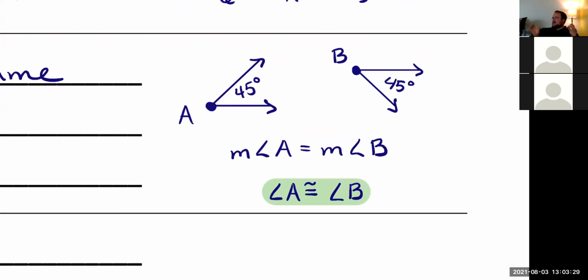So again, in order to be congruent angles, it doesn't mean that they have to be exactly the same size in terms of the length of their rays, or that they have to be opening in the exact same direction. It's the measure in degrees from one ray to the other. That's the only condition. That measurement has to be exactly the same in order to be congruent.